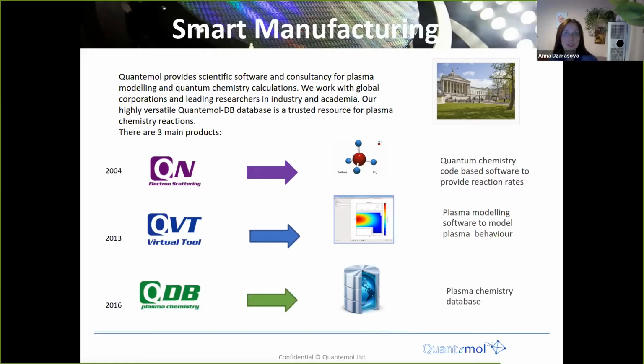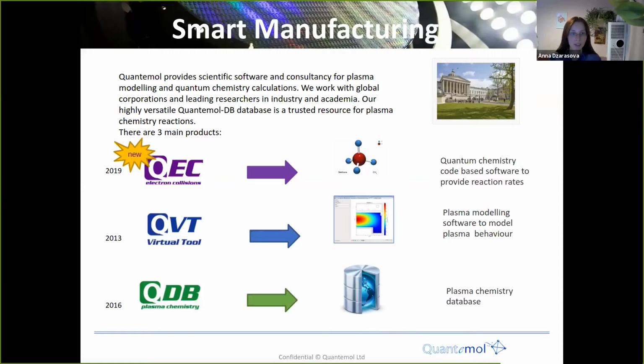And as mentioned in my colleagues' talks, the first product we launched in 2004 was called Quantemol N, and it's based on UK RMOL group codes for calculating electron scattering cross-sections for molecules. And recently it's been updated to QEC, so that's the talks you have listened to.